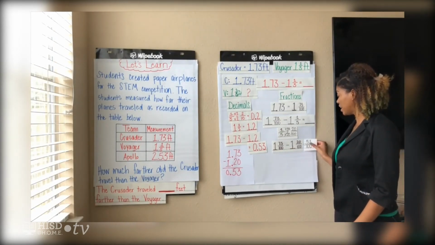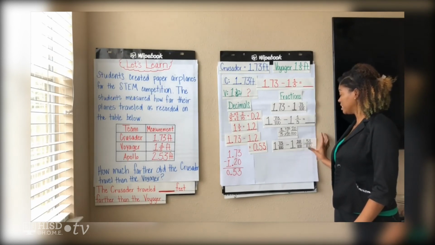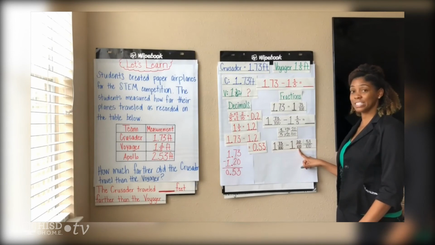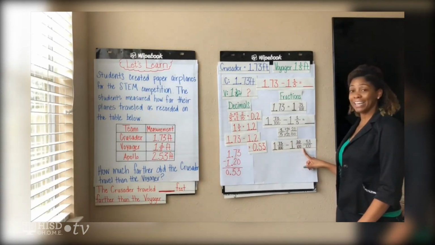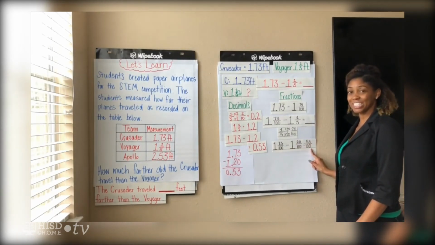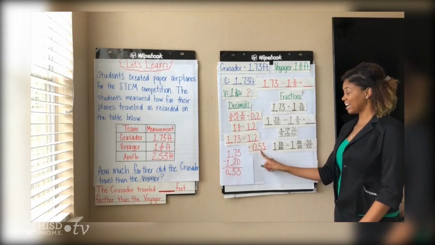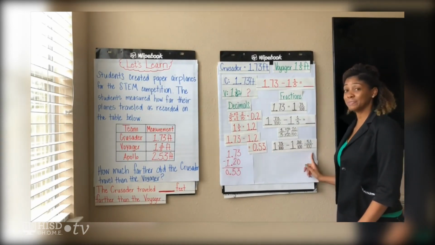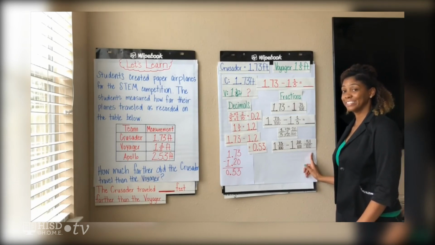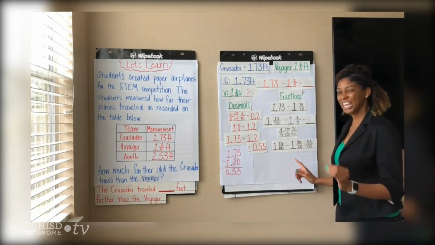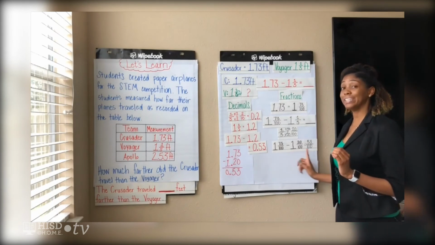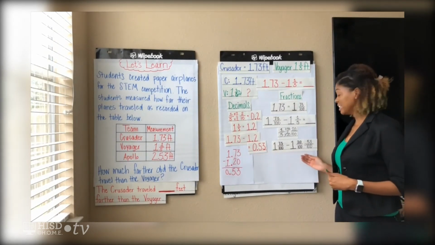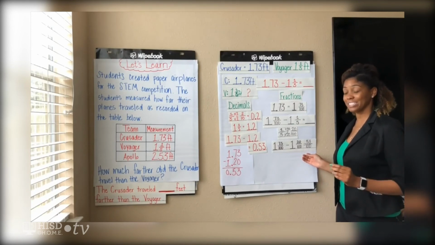So we know that 1 73/100 subtract 1 20/100 is the same as 53/100. Let's look at our answers. What do you notice about them? Yes, they are the same answer written in different forms. One is written as a decimal and the other one is written as a fraction.